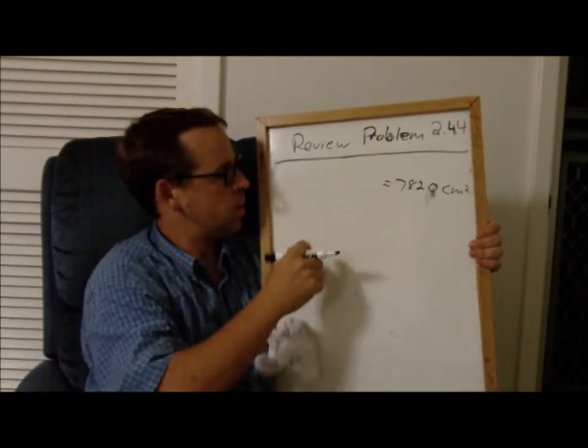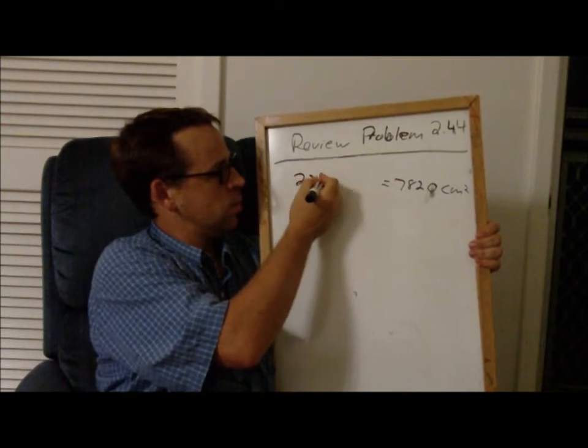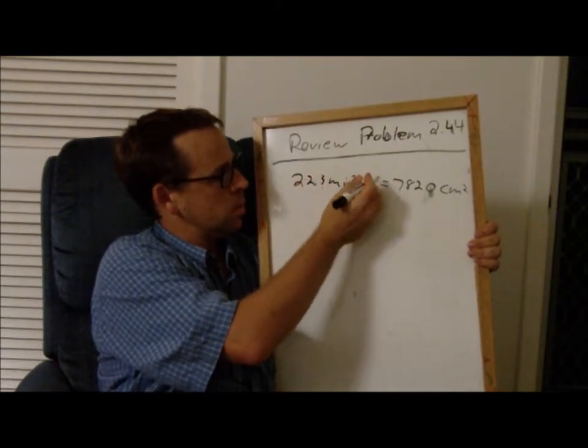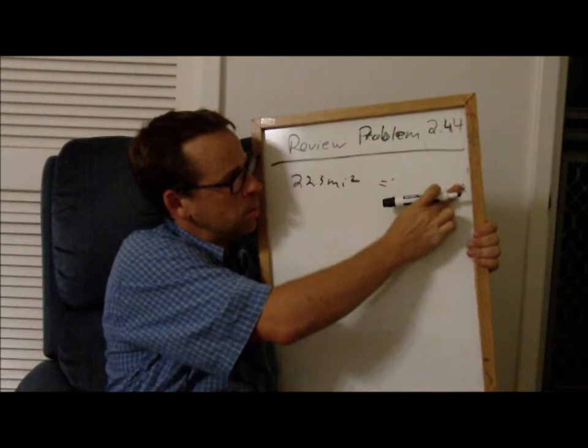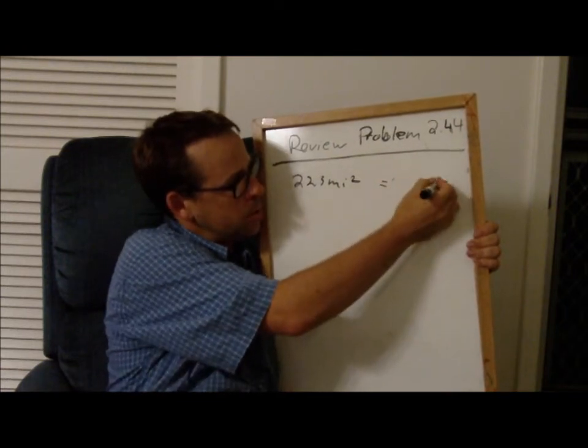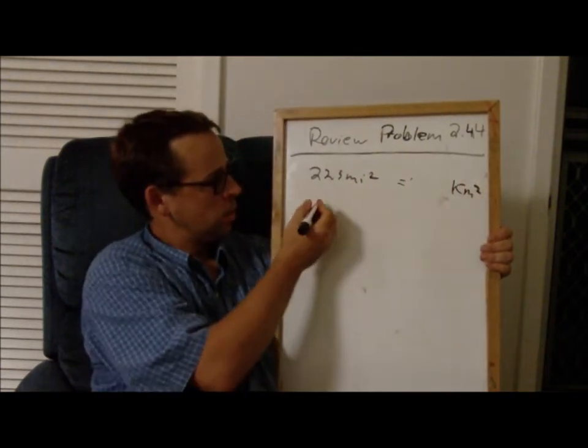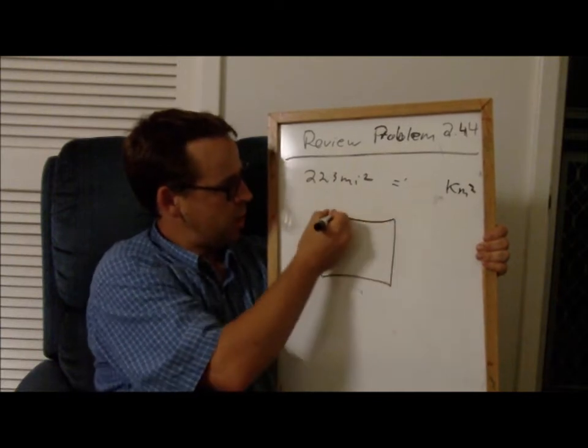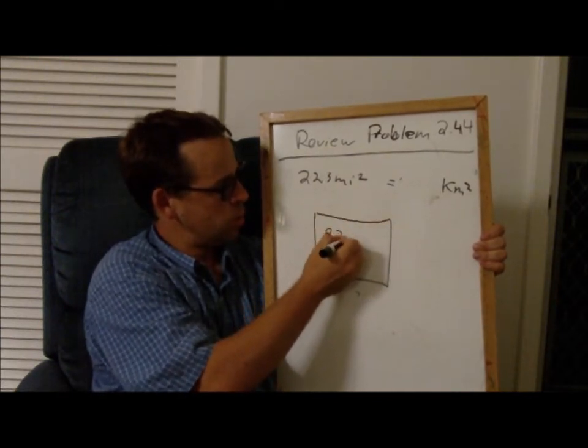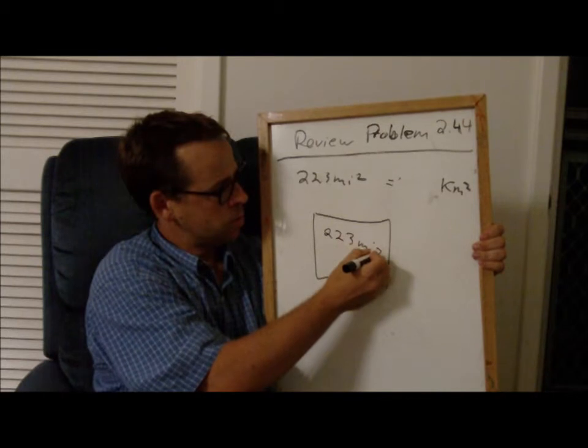223 miles squared is how many kilometers squared, right? I have an area of land, it's 223 miles squared.